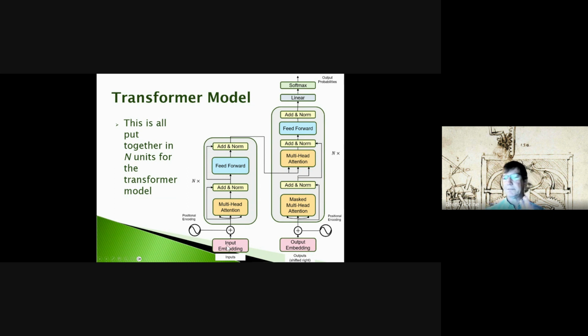Again, I recognize I'm hand waving through this just because we could spend several lectures on this alone, right? But then we also have this positional encoding. So we need to encode the relative positions of this information with each other, right? This might be a bunch of inputs, but remember, in a sequence, we want some understanding of the order in which things come through. That's what this positional encoding is doing.